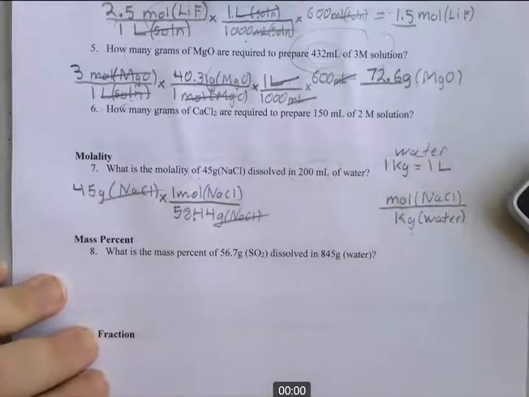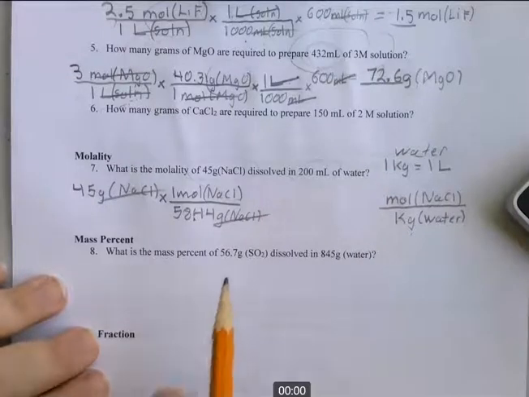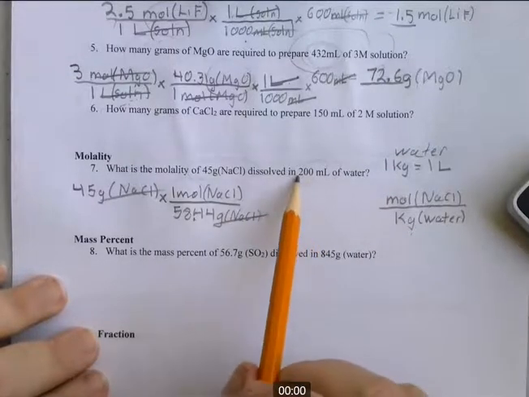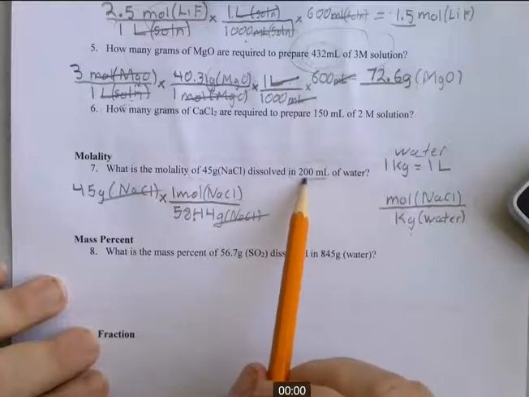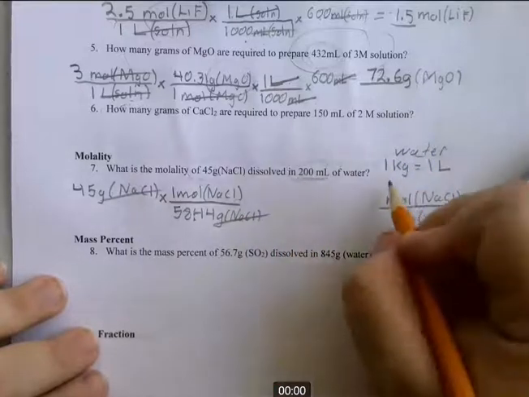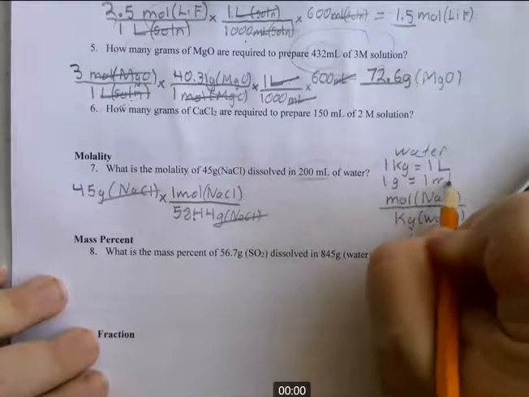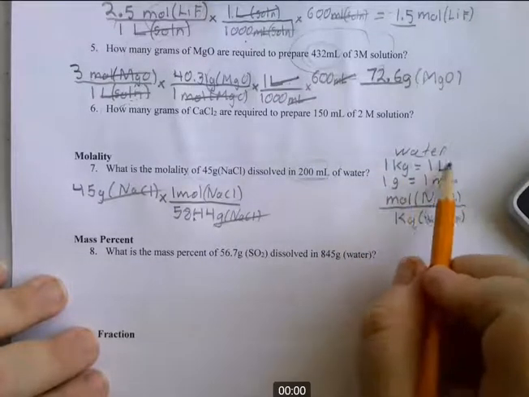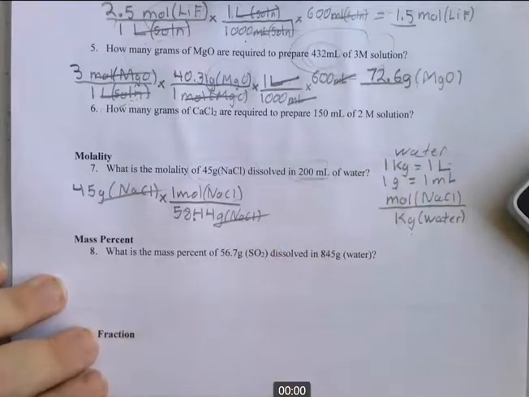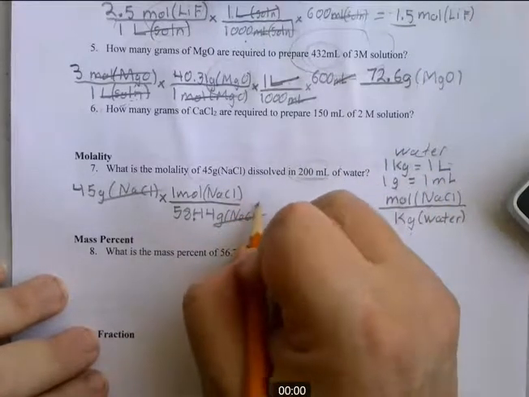Now we got to take care of the liters to kilograms. So first thing we're going to do is convert this into 200 milliliters. The other thing I could have said is that 1 gram equals 1 milliliter. That's the same thing. These are 1/1000th of these two units of measure. So I could have said 1 gram. So let's go ahead and do that one.